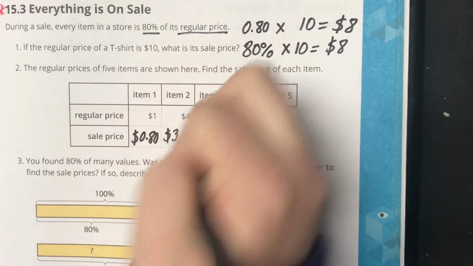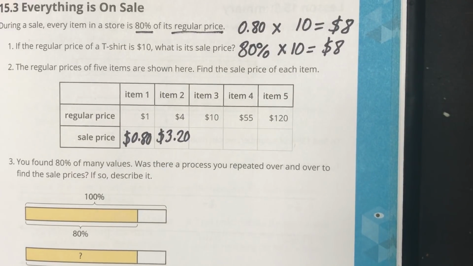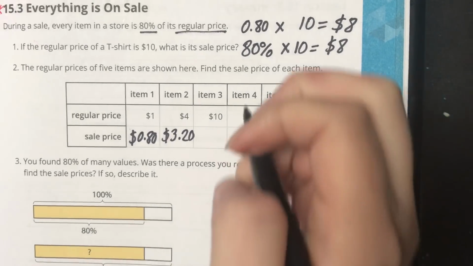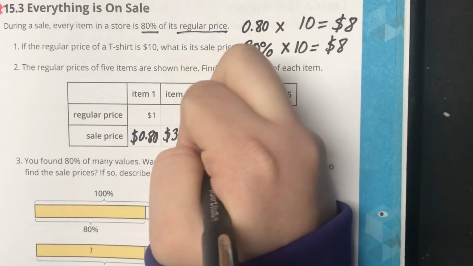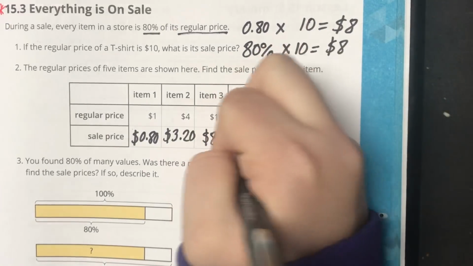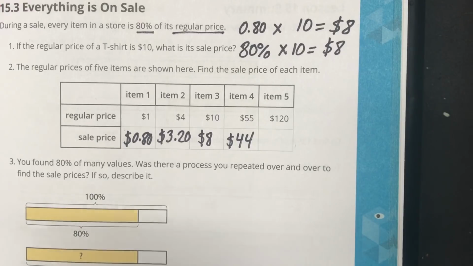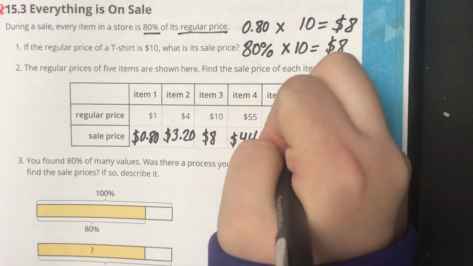Remember, your answer might say 3.2, but remember to change it to money, we need to say $3.20. Then we just found out 80% of $10 is actually $8. Then we would say 80% times 55 is $44. 80% times 120 is $96.